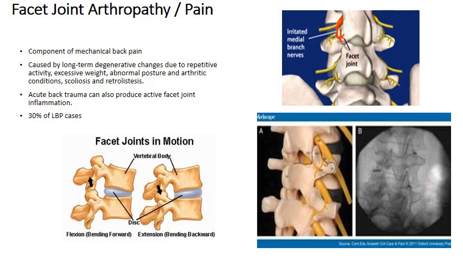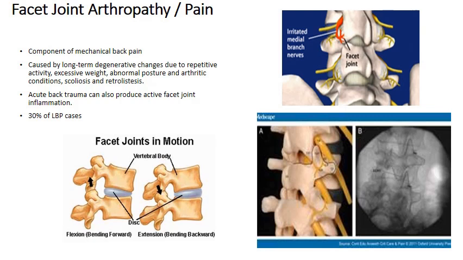With forward bending, you can see the facet joint opens up, and with bending backwards, or extension, it closes the facet joint and causes pressure on the joint itself. So if there is pathology in the facet joint and you extend, it reproduces the back pain.